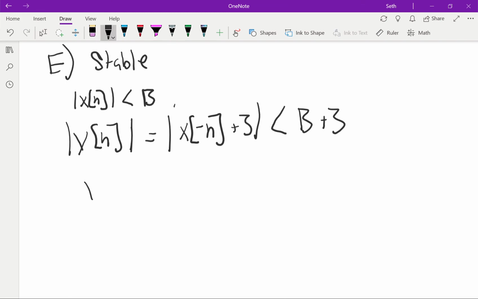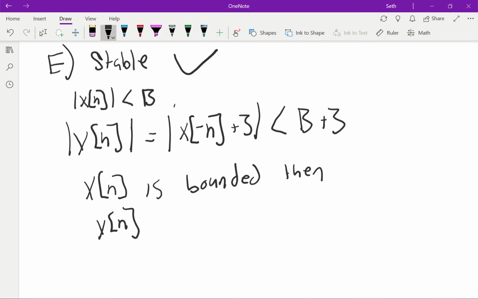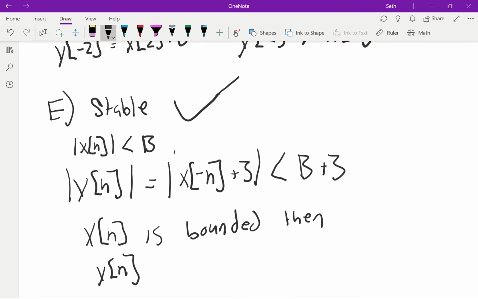So since x of n is bounded, then so is y of n, and it's stable. Okay, that's it for problem 3.